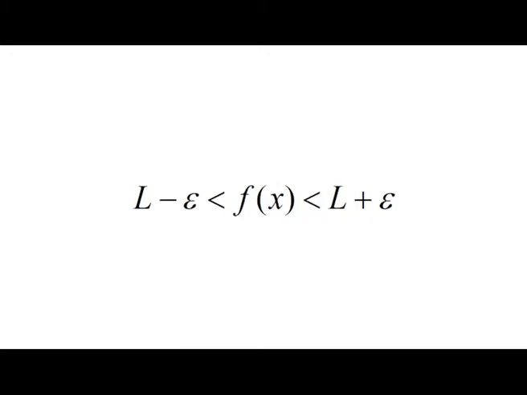This interval extends the same distance delta on both sides of C and lies inside of the open interval (x0, x1). Moreover, the condition L minus epsilon less than f of x less than L plus epsilon holds for every x in this interval except possibly at x equal to C.